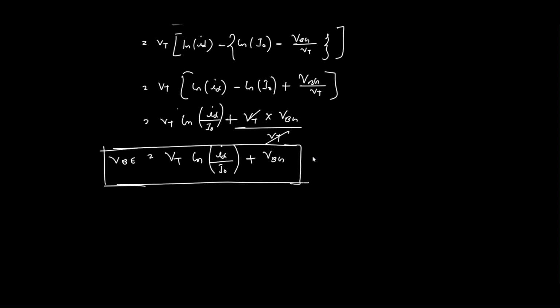And we can also rewrite this expression as VT ln ID by I0 equals VBE minus VBG.